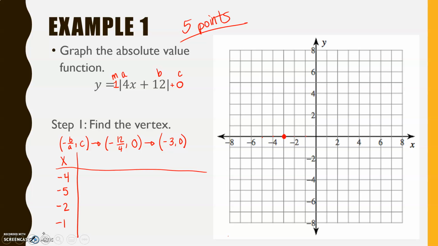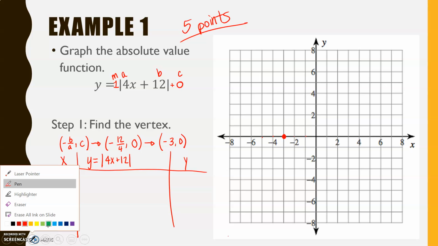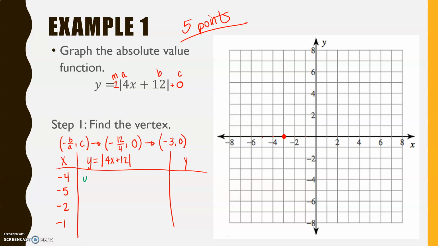All right, so plugging in these values, I'm going to continue to use absolute value. If I plug in negative 4, 4 plus 12 would give me negative 8. I'm not going to spend a whole lot of time going through the evaluating. I'm hoping that we're confident enough at this point that we can just evaluate that without taking too much time.